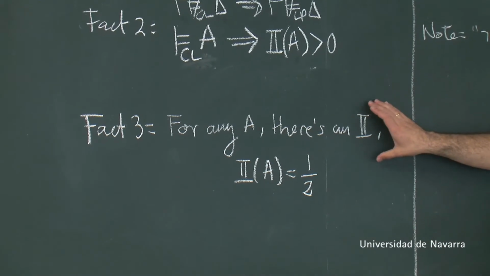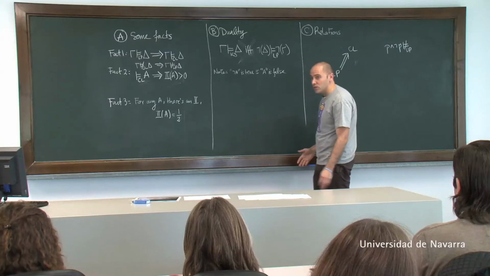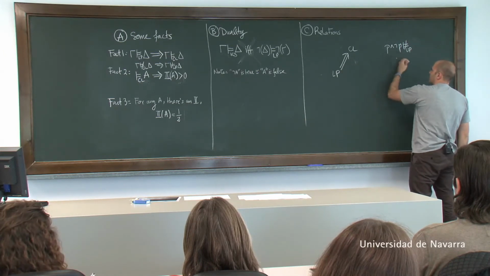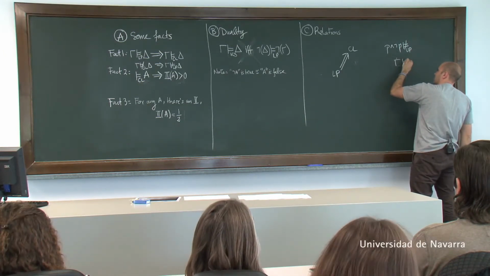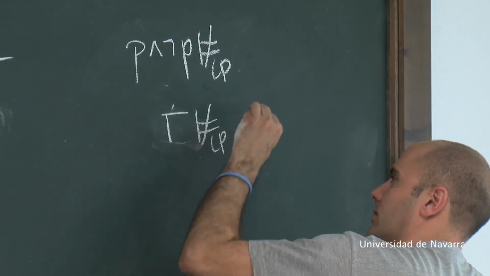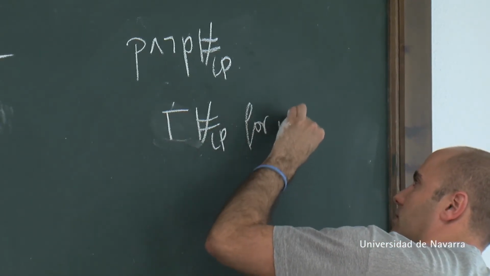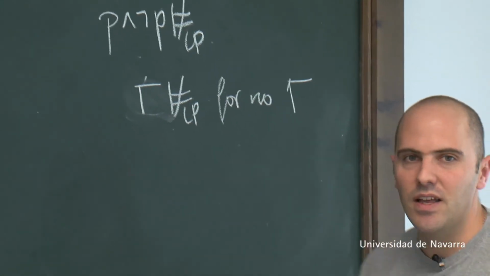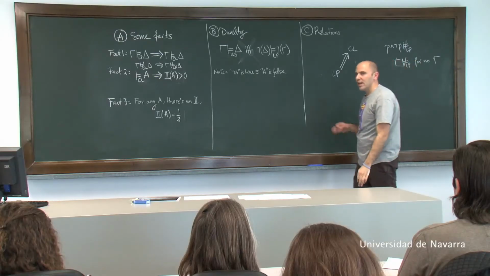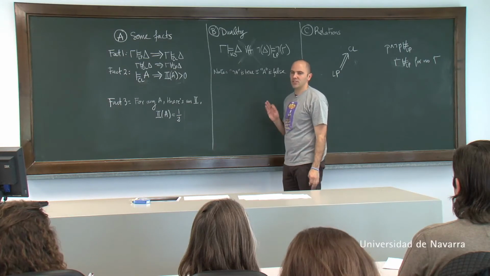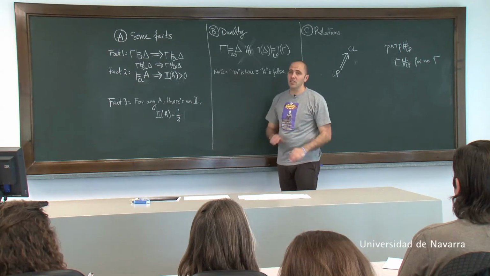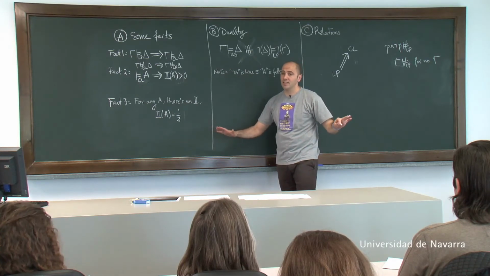And relying on this fact 3, we can further show that actually every set is LP satisfiable, right? For the simple reason that you can assign the middle value to all the sentences in that set, right?